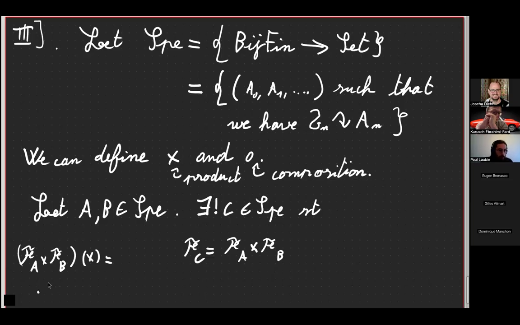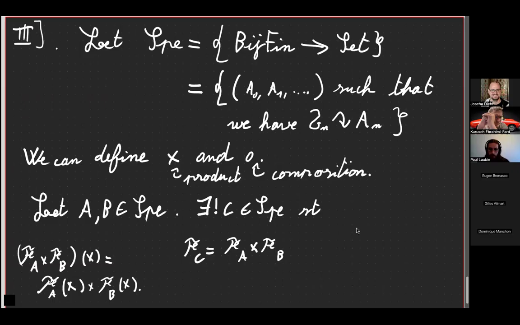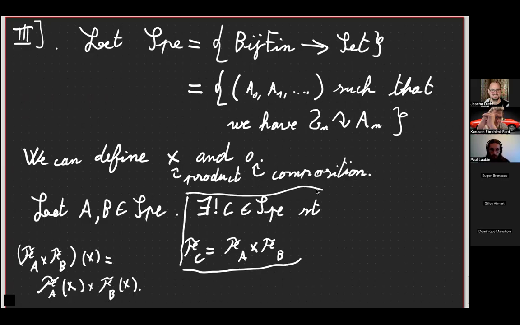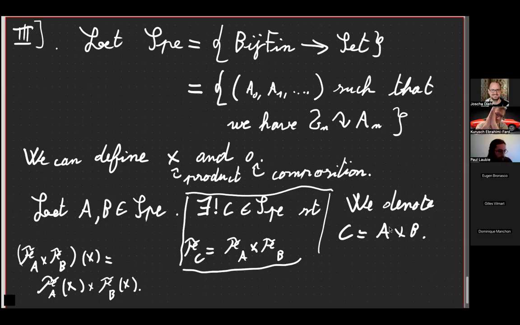So it is a Cartesian product of f of A with f of B. So this is f of A on X times f of B on X. And we denote C to be equal to A times B.